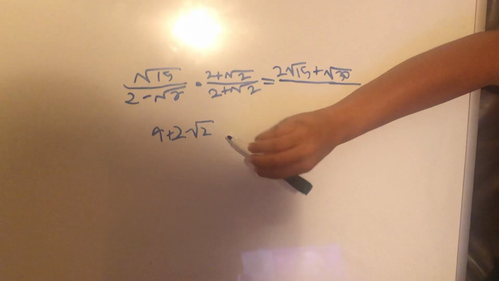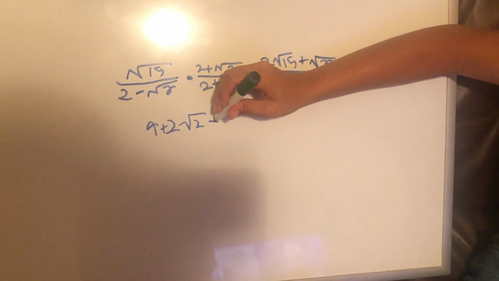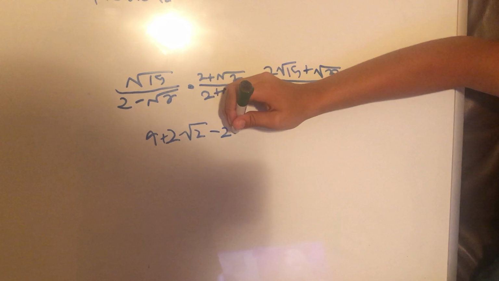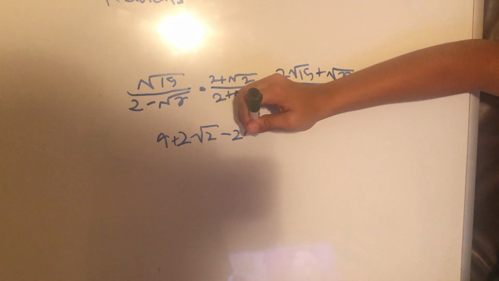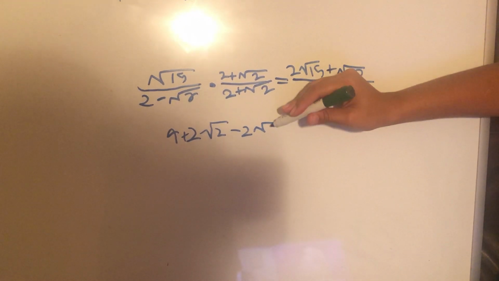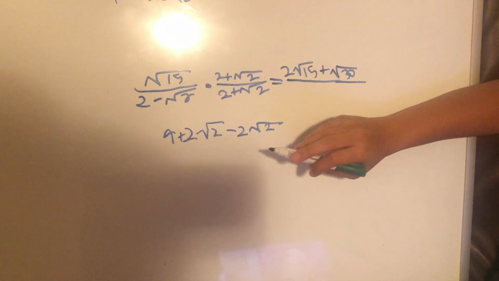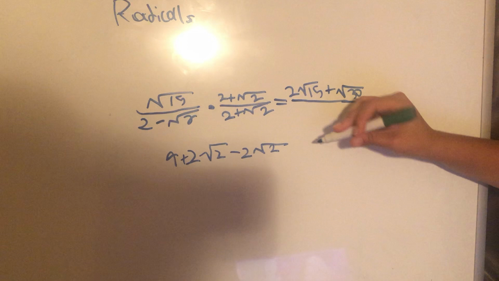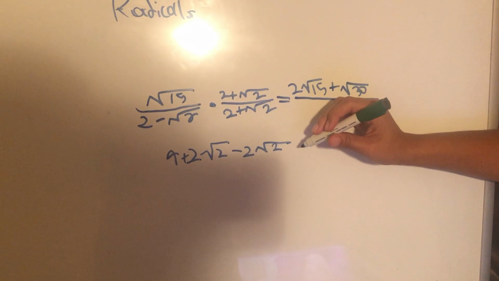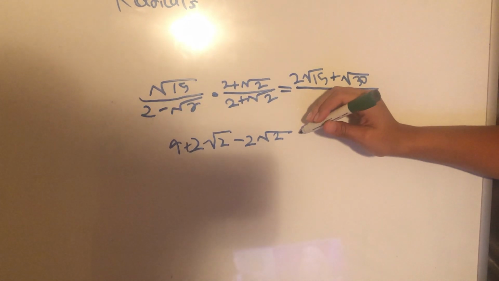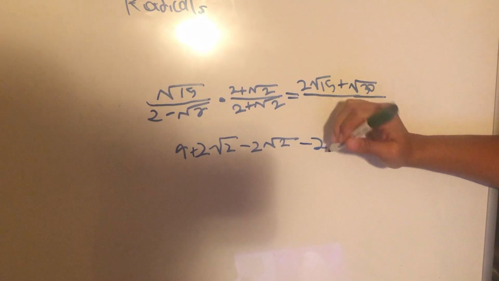Then negative radical 2 times 2, which would be negative 2 radical 2. And then negative radical 2 times positive radical 2. So you would get negative 2.